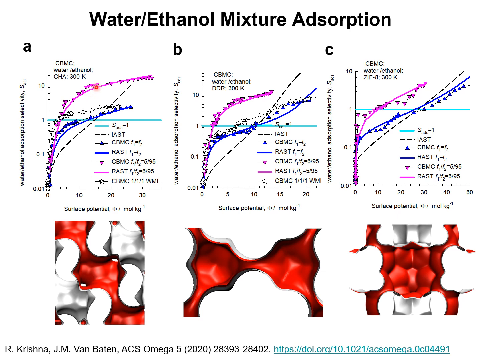And I plot here the adsorption selectivity for 595 mixtures of water and ethanol, shown by the inverted triangles. The blue triangles are the selectivities obtained from configurational-bias Monte Carlo simulations for 50-50 mixtures. And the open stars are the water ethanol selectivities in water methanol ethanol mixtures in the proportion 1-1-1.